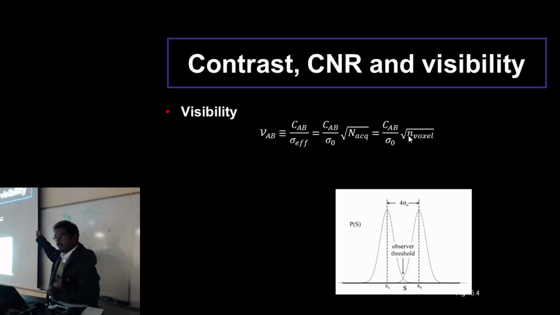You saw that example where we subtracted the two consecutive phantom images, and you were able to see that this object was there, even though everything was noise. Do you want me to go back to that image, or do you remember it? Okay, we can go back.